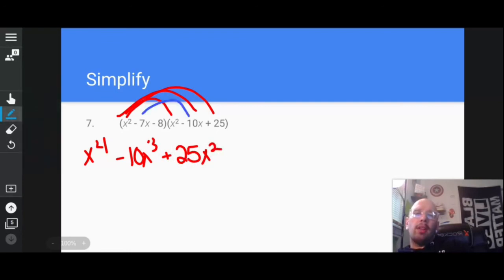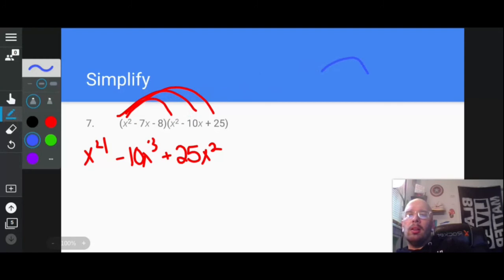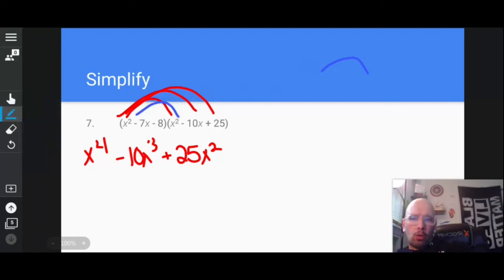Negative 7x times x squared is negative 7x to the 3rd. Negative 7x times negative 10x is going to be positive 70x squared. Negative 7x times 25 is going to be negative 175x.